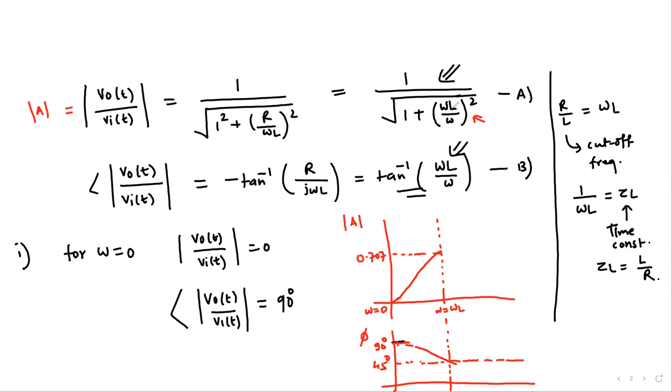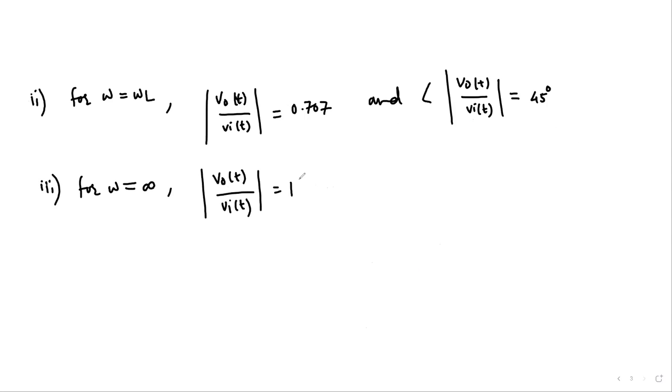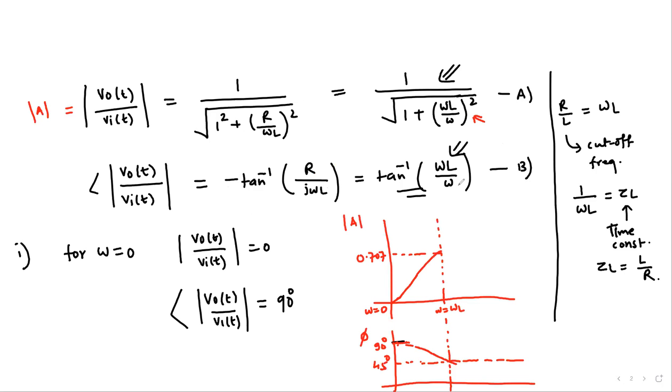So this factor omega L by infinity comes out to be 0, and the output becomes 1, unity. Okay, and this angle would become 0, because tan inverse 0 would be 0.